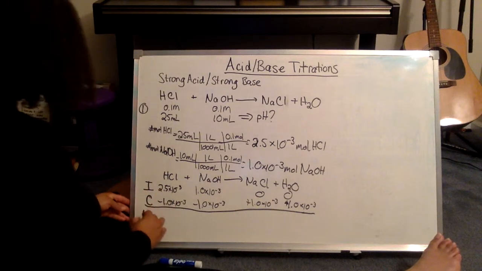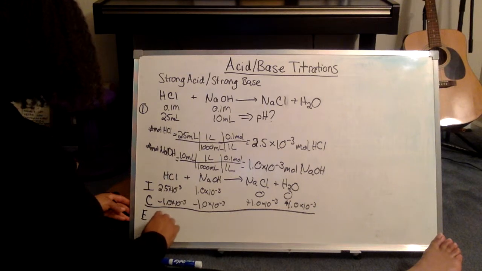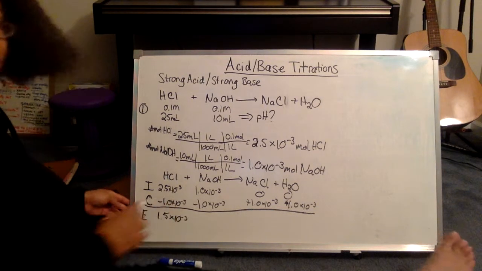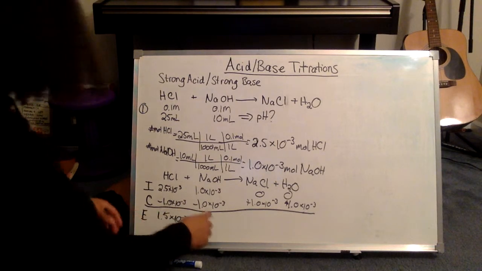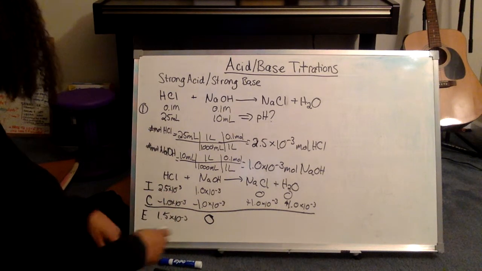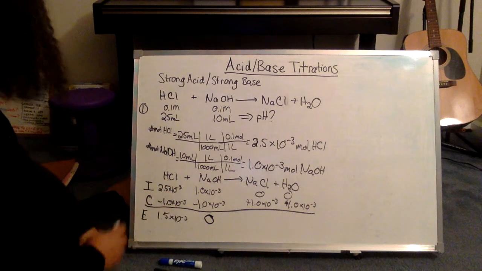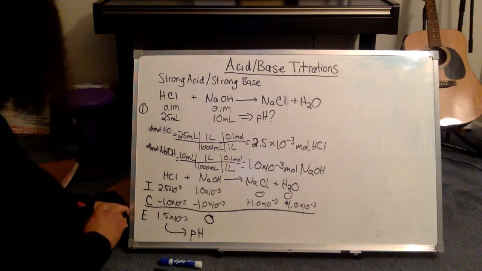We subtract, and at equilibrium, we have 1.5 times 10 to the minus 3 moles of HCl left over, and 0 moles of NaOH. This is what we're going to use to figure out the pH of our system.